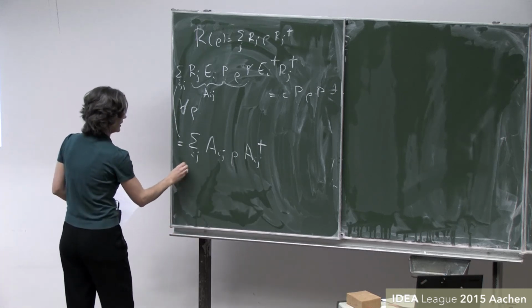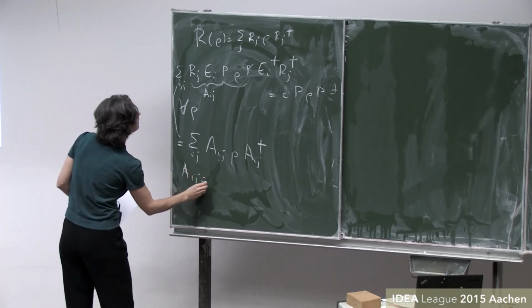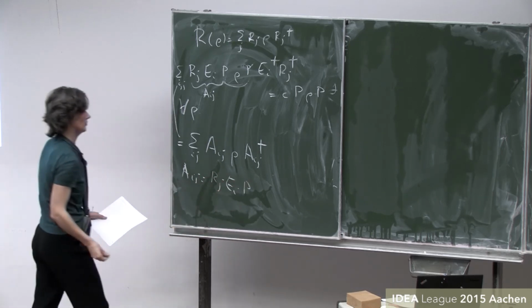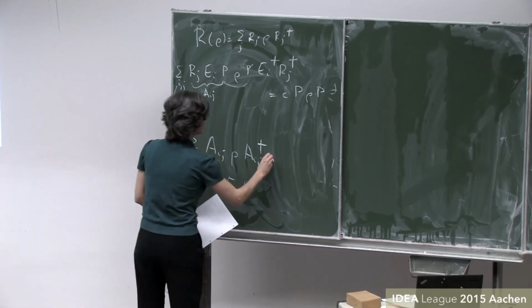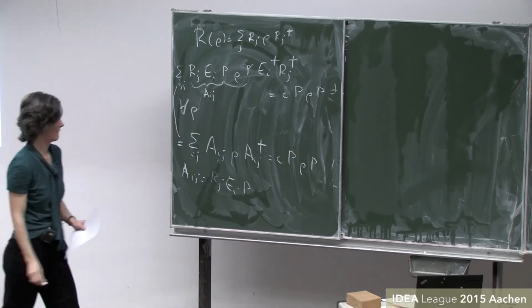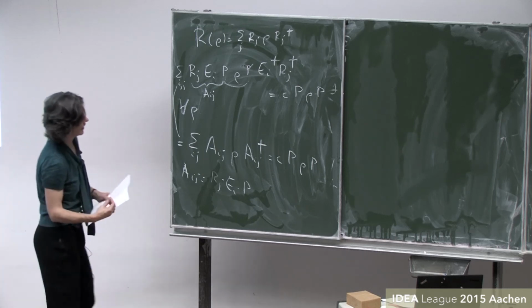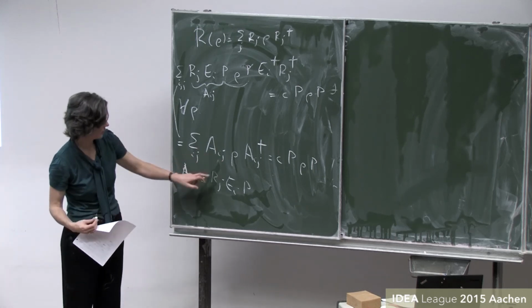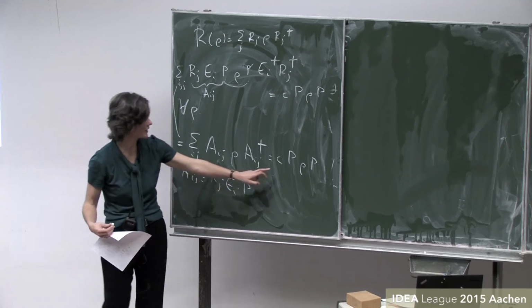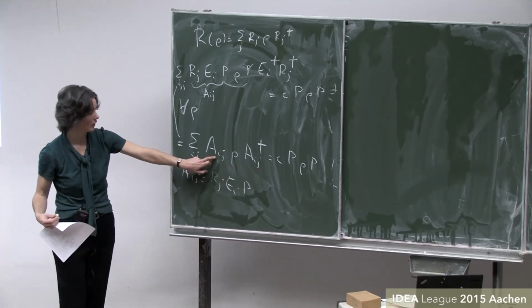And the a_ij are R_j E_i P. And this says that this has to be C P rho P. And so I have some super operator with these Kraus operators, or operation elements. Actually, all of these have to act like P.